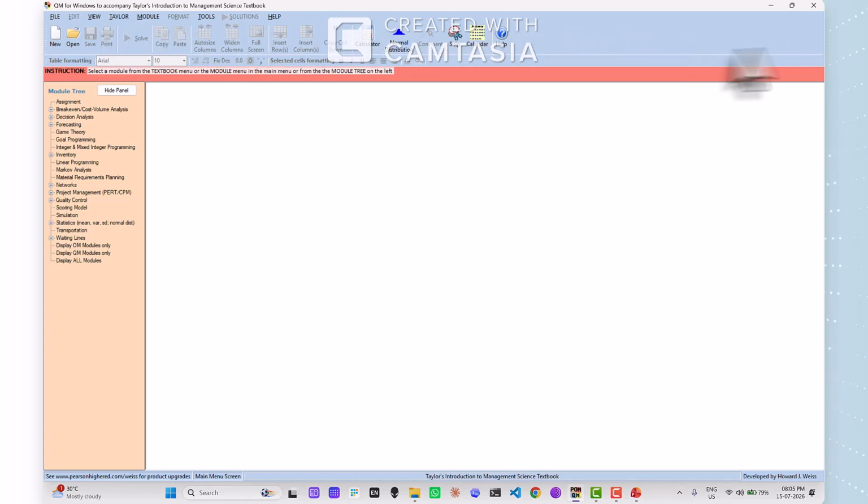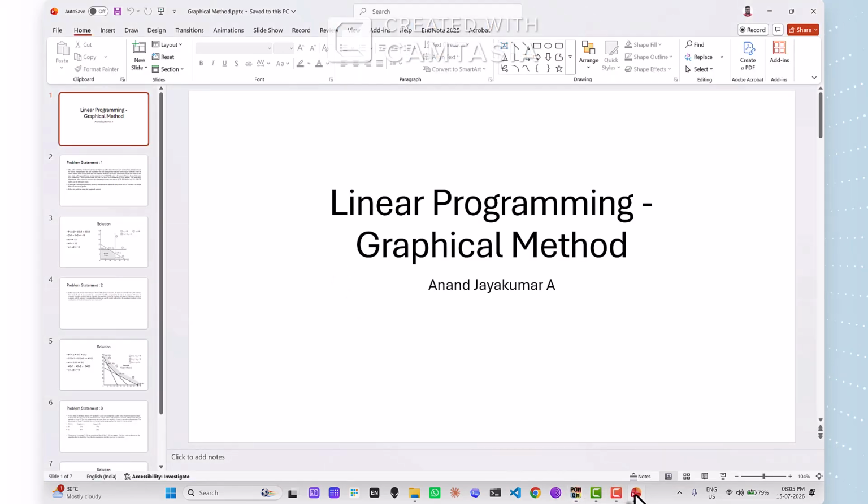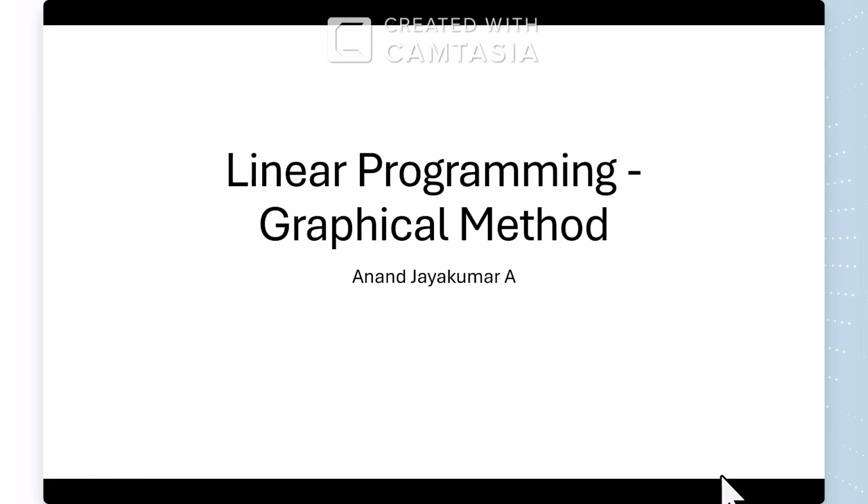These are all the tools available and here are the side things. So first, let us see our problem. So first one is linear programming graphical method.